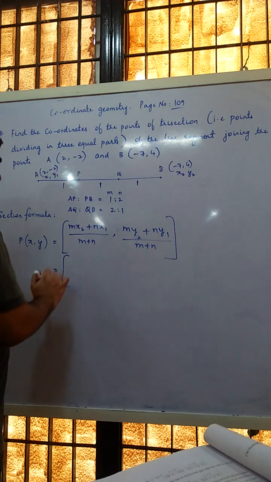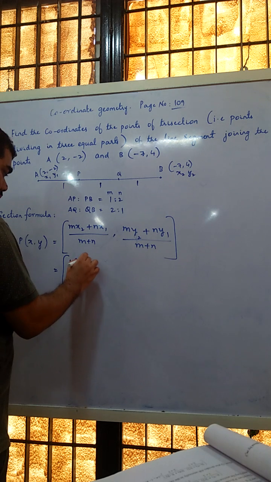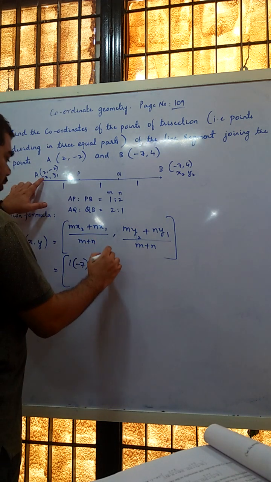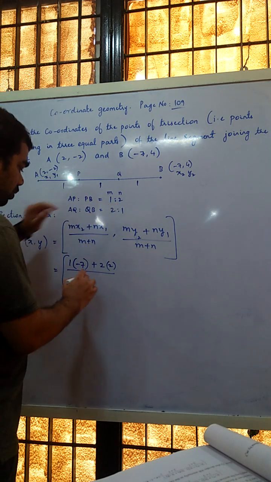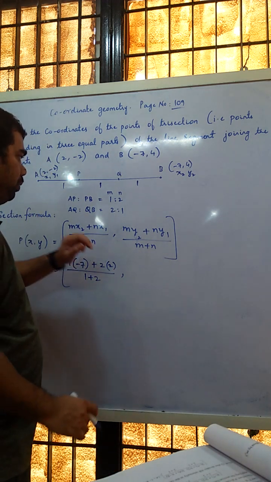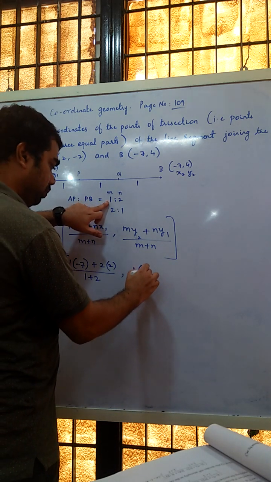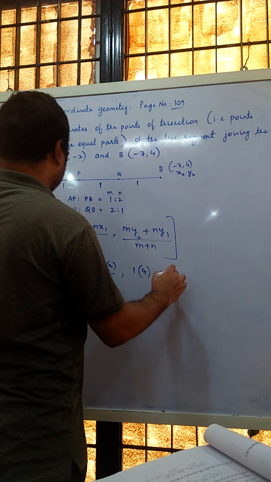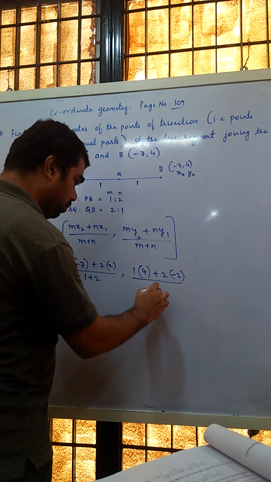Which comes out to be: m is 1 into x2 which is -7, plus n is 2 into x1 which is 2, divided by m plus n which is 1 plus 2, comma, m is 1 into y2 which is 4, plus n is 2 into y1 which is -2, all divided by m plus n, 1 plus 2.